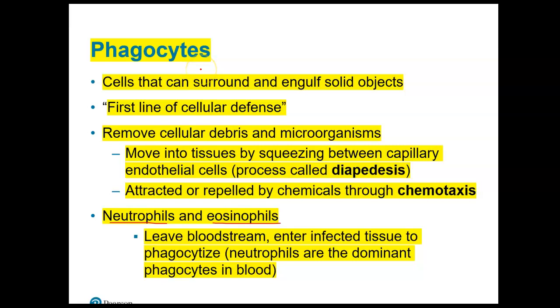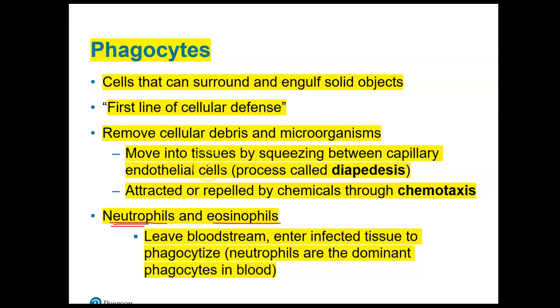So these are the big eaters. These are cells that can surround and engulf solid objects, like, for example, a bacterium. They're the first line of cellular defense, and in particular, the neutrophils are the first line of cellular defense against an infection. What they do is they remove cellular debris and microorganisms.